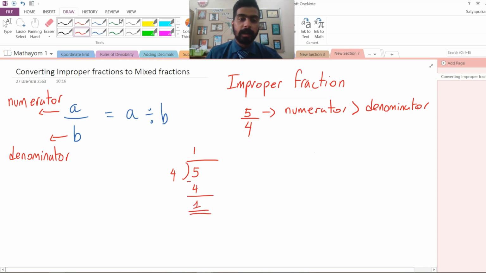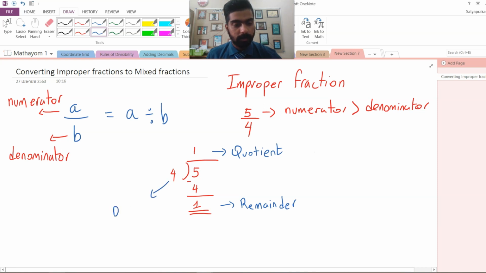Correct, guys? Now there are a few technical terms that we need to remember. This is what we call the quotient. This is what we call the remainder. And this is what we call the divisor.